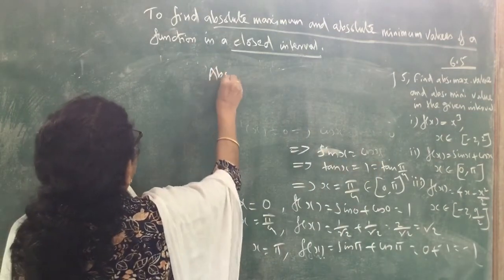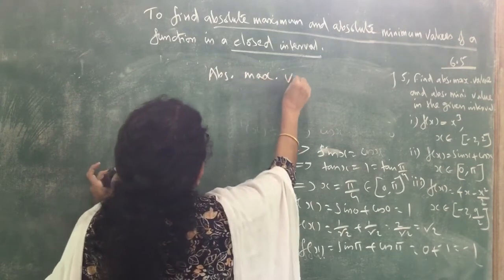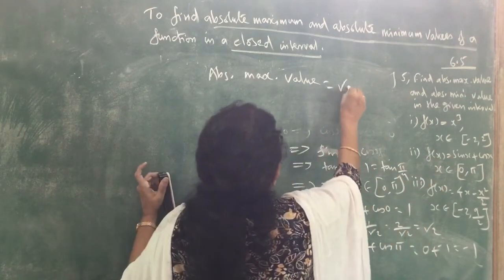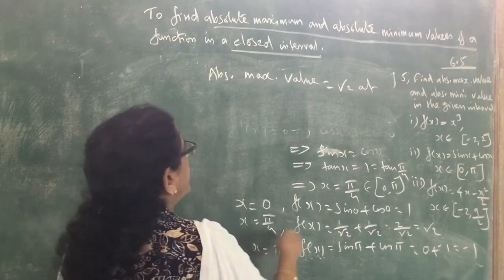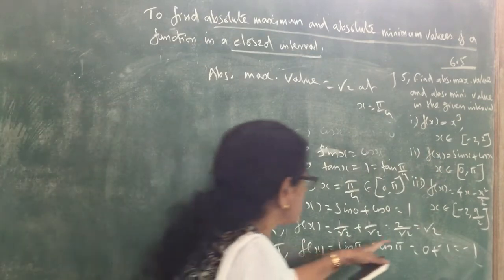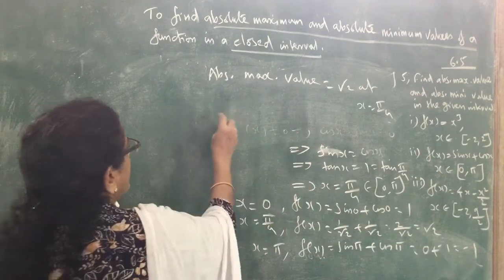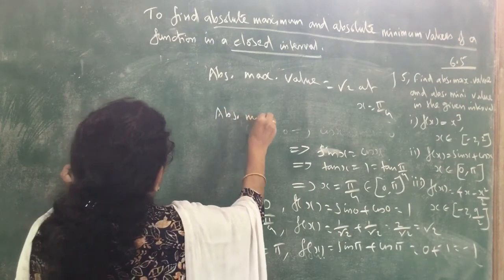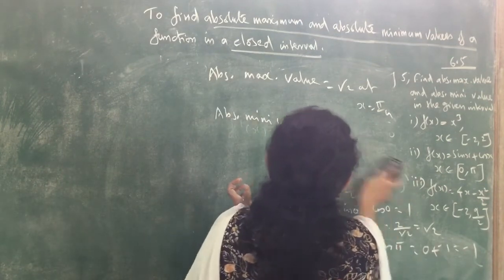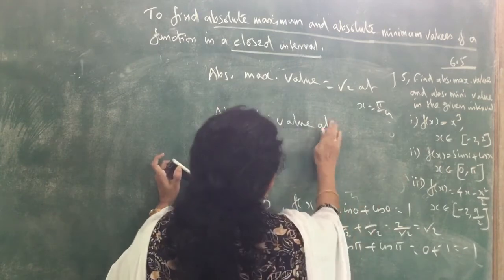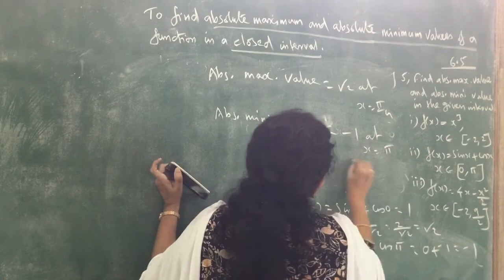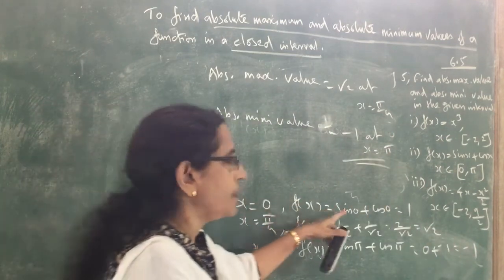The absolute maximum value is root 2, the biggest number, and it occurs at x = pi/4. And the absolute minimum value is -1, at x = pi. Okay, that is the answer.